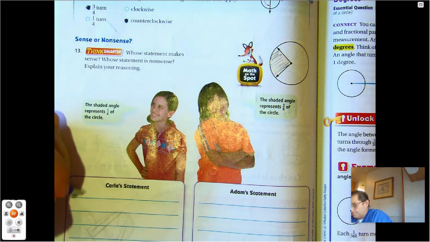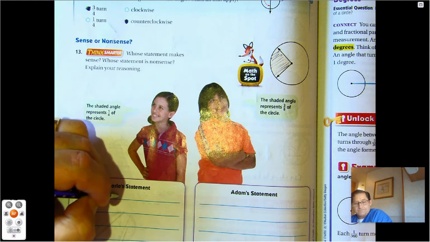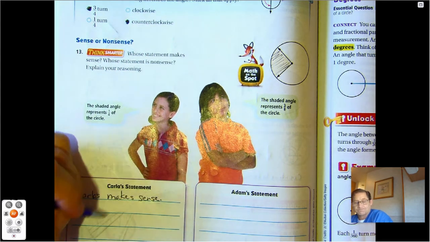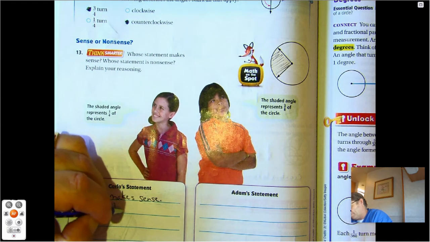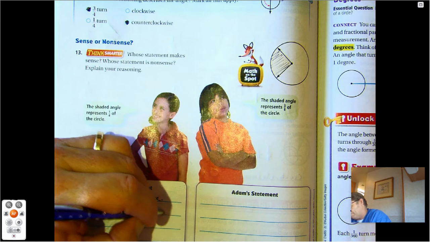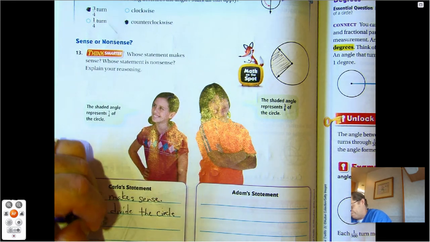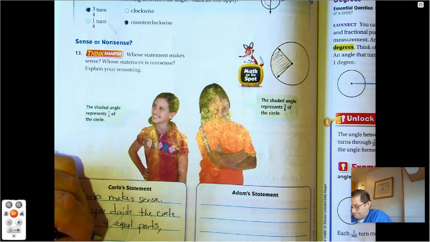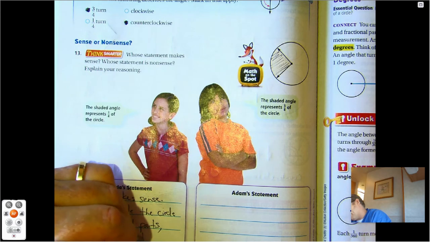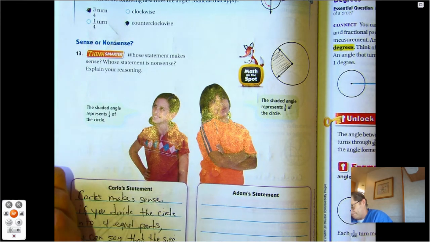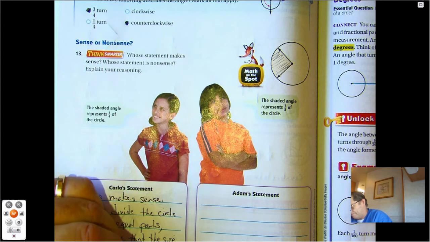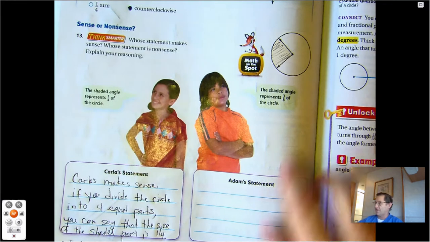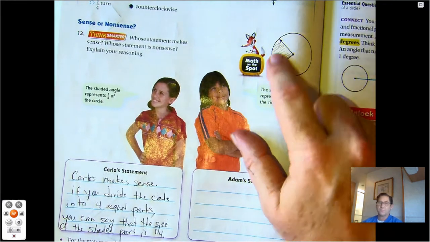So hers makes sense. If we were to divide this circle into 4 equal pieces, then this shaded part would be 1/4 of the circle.